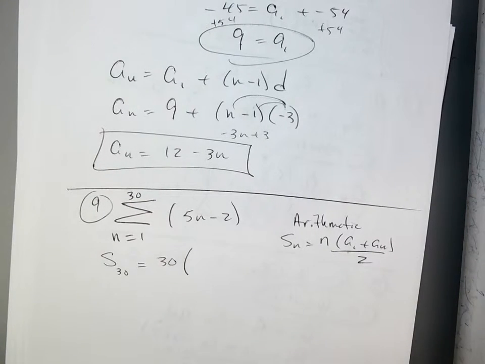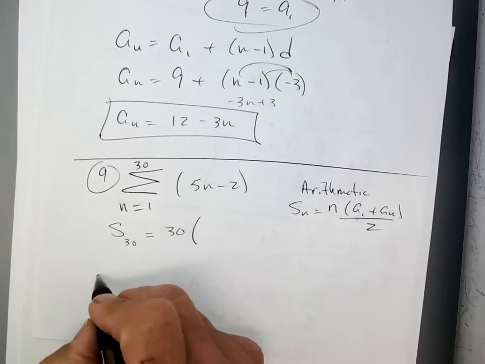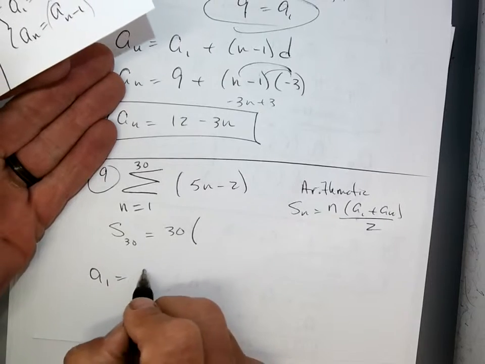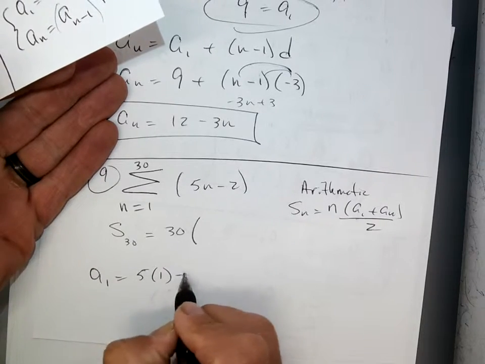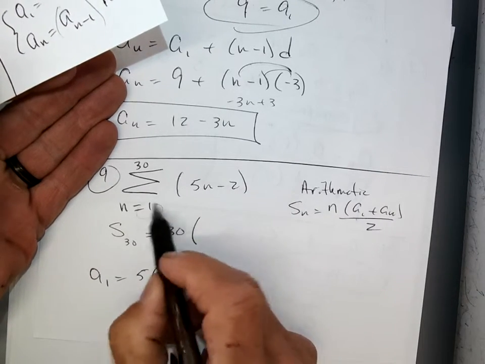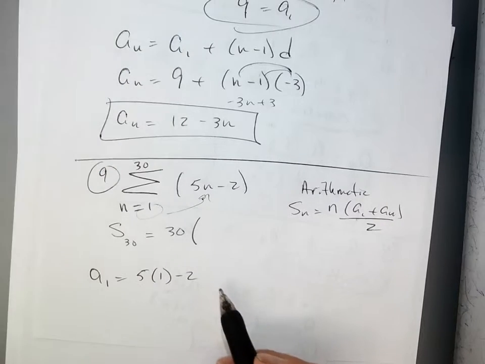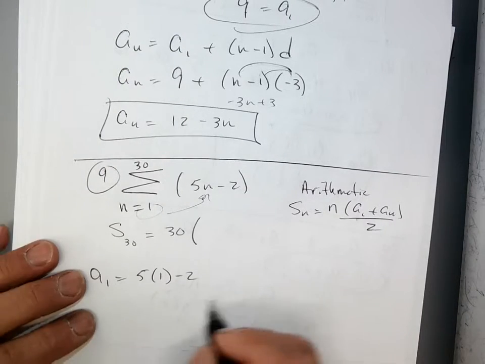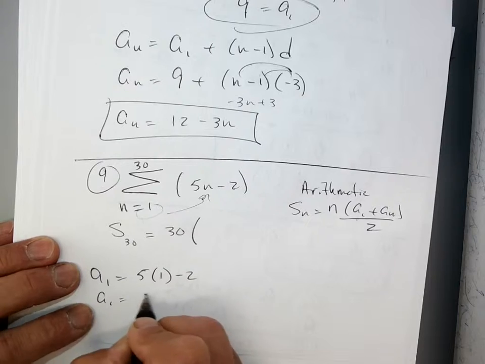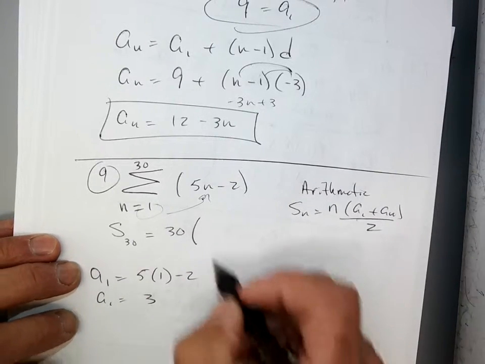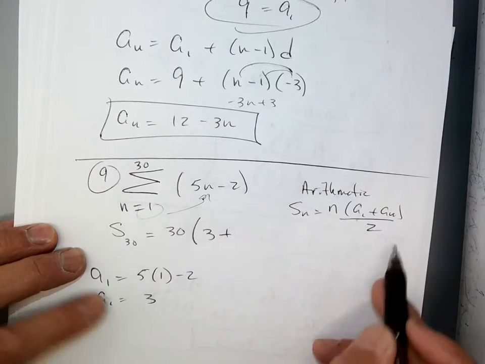Times. Well, now we've got to figure out what the first term is, a1. I don't know what a1 is, but I can make it pretty easily. a1 is equal to 5 times 1 minus 2, because I plug in 1, to make the first term, which is 3, right? So I'm going to put 3 here, plus a of n.